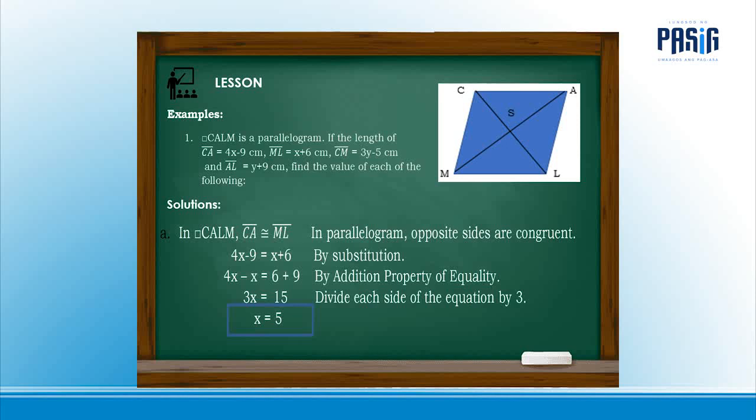So 4x minus x equals 6 plus 9 by the addition property of equality. Then, 3x equals 15. So divide each side of the equation by 3 to solve for x. Therefore, the value of x is 5.